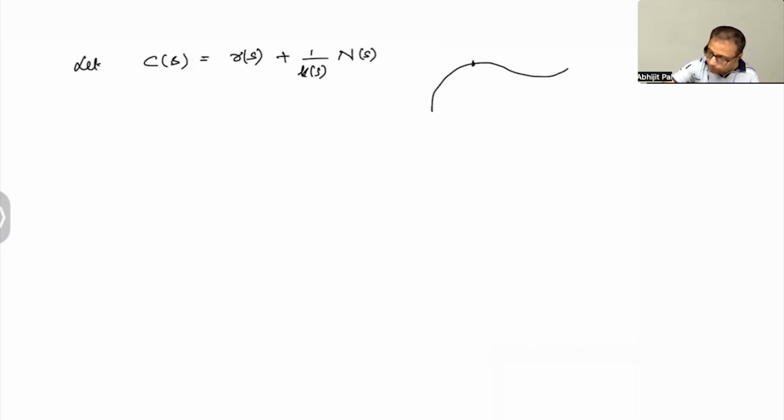Okay, and now let cs, a point in R2, be defined as follows: it is equal to gamma s plus 1 by ks times the normal vector. So you have this curve. This is my point gamma s, this is the curve gamma, and this is my normal vector.